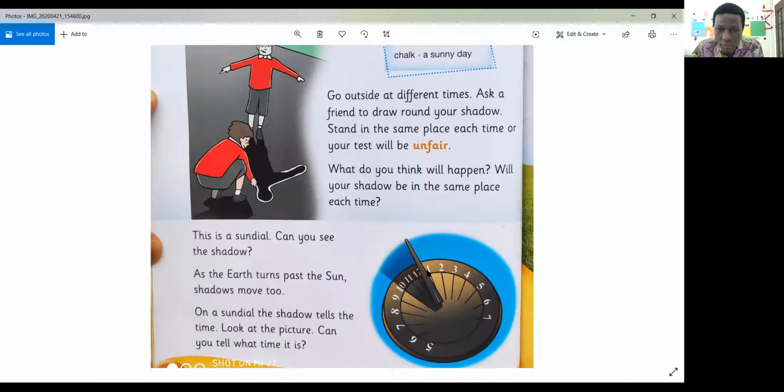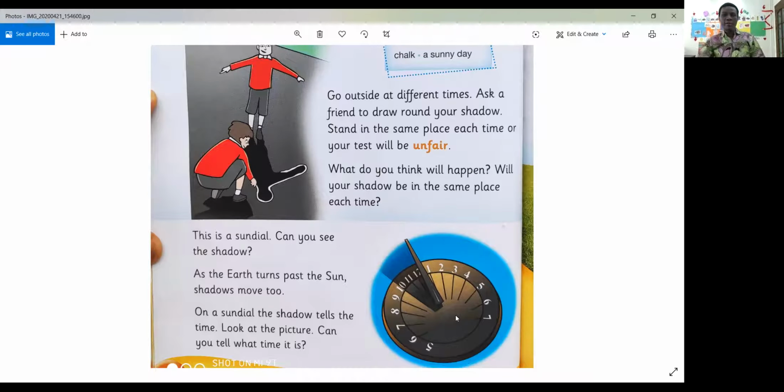They write the hours here, 1, 2, 3, 4, 5, 6, 7, and so on. And there is a stick standing in the middle of it, so that as the earth turns past the sun, the shadow moves too. Shadows will be moving, and that will help us to know the hour. On a sundial, the shadow tells the time. Look at the picture. Can you tell what time it is? It is 12, exactly.